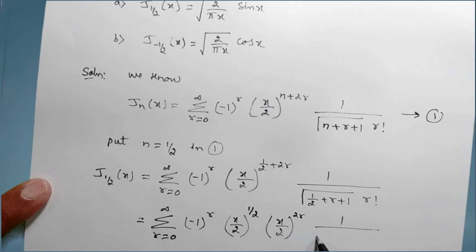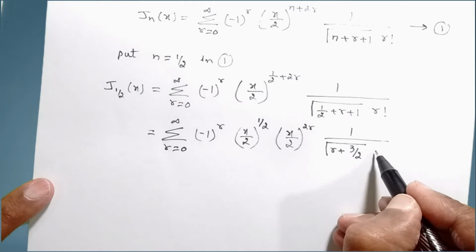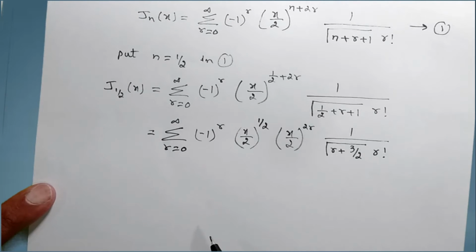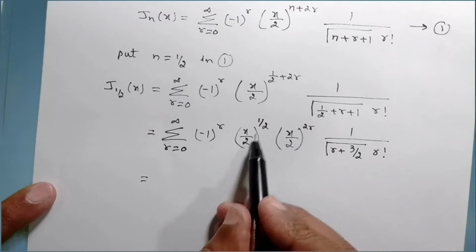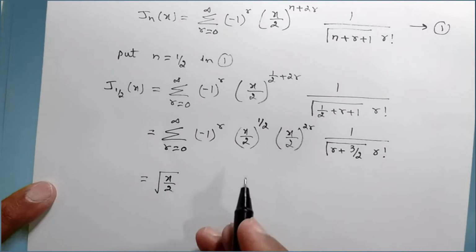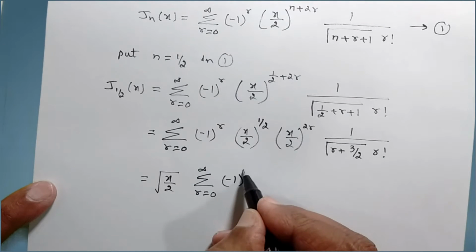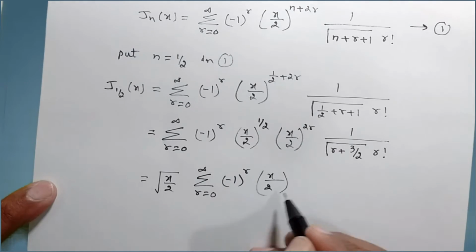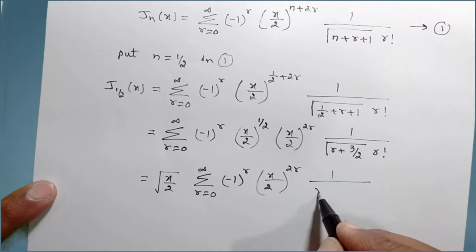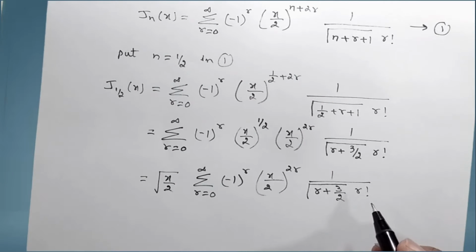And this is 1 by gamma of r plus half plus 1, and half plus 1 becomes 3 by 2, so gamma of r plus 3 by 2 into r factorial. I can take x by 2 to the power of half outside. Power half represents square root. Then you can write the summation r equals 0 to infinity of (-1)^r into (x/2)^(2r) into 1 by gamma of (r+3/2) into r factorial. That's the expression we have.